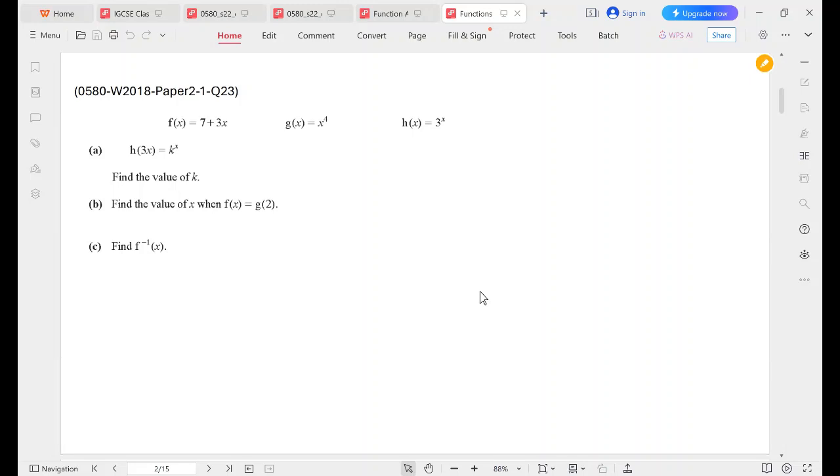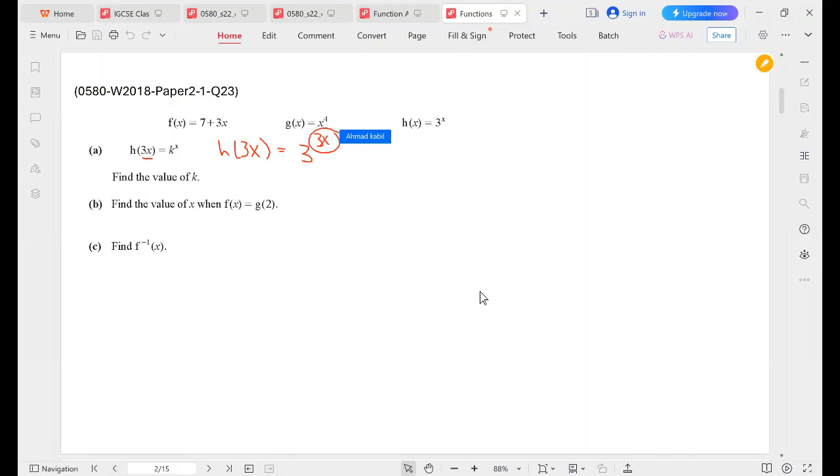In A, we are required to find the value of k, given that h of 3x equals k to the power x. So we're going to just plug 3x into h, and we get h of 3x equals 3 to the power of 3x.